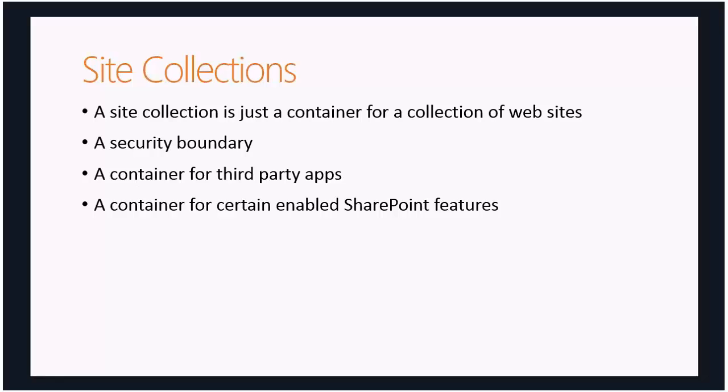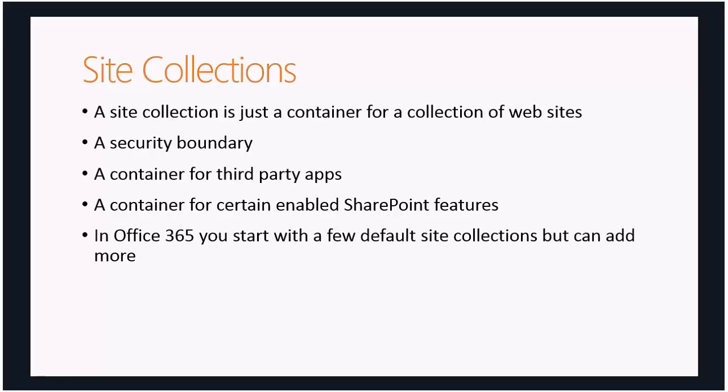However, you may also wish to have something that's far more complex that may have full enterprise publishing or complete document management. You can do that in a second site collection and only have that feature apply within that area. So again, think of it as a container to control which features are enabled in that area. In Office 365, you're going to start with a few default site collections, but you can always add more.